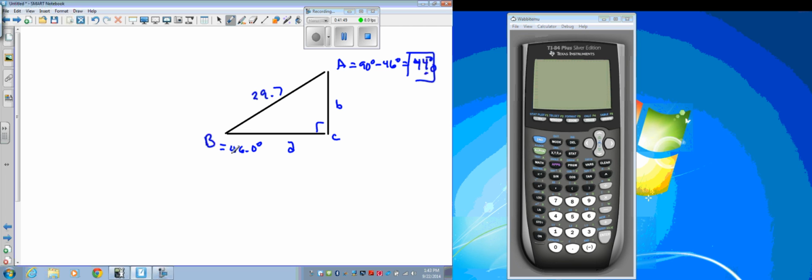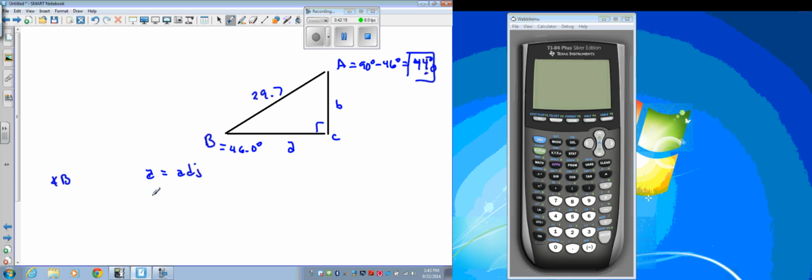Sine, cosine, or tangent? For A, in relation to angle B, A is what? Adjacent.